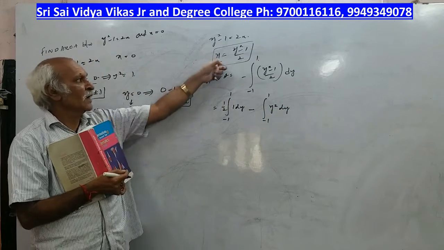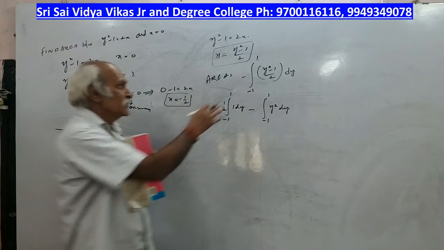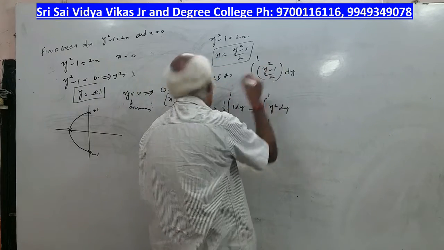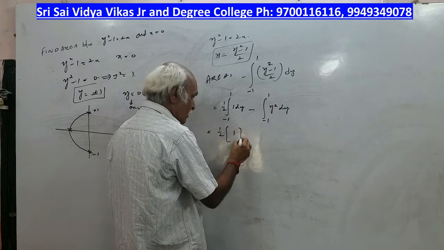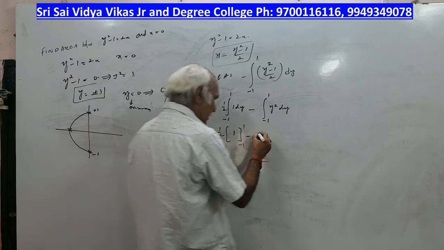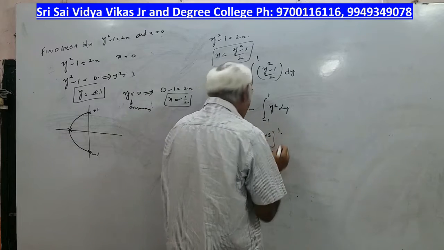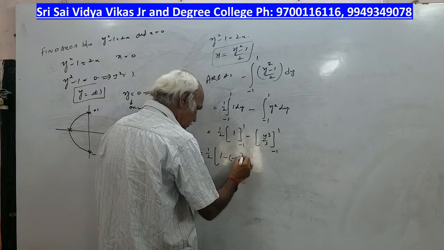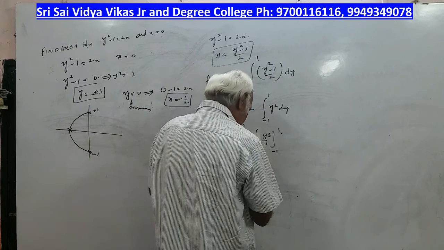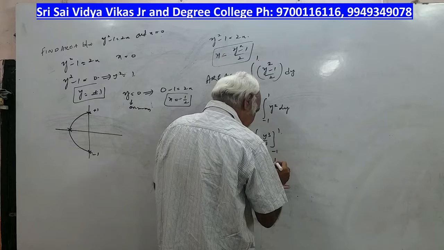So x is what we have taken, but we are putting here y value because the coordinates we got are y coordinates. That's why we write here 1 by 2, 1, minus 1 to 1, minus y cube by 3, minus 1 to plus 1. So 1 by 2, 1 minus of minus 1, that is plus 1.